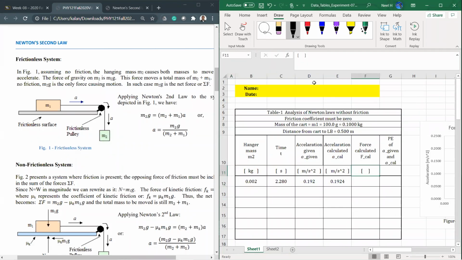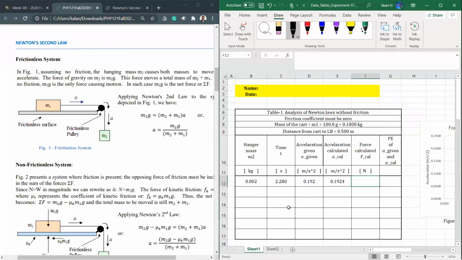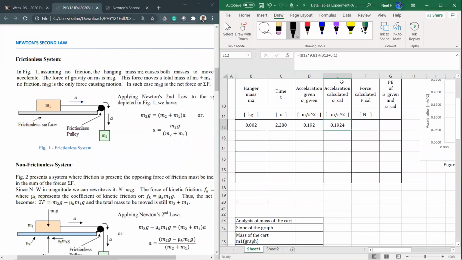Now you know the equation. All we have to do is use that to calculate the force. So I can use m1 times m2 times g divided by m1 plus m2, equals, let me copy paste this function. You can collect all of these functions and then call them as needed in your discussion section. This is the acceleration cal function, and then we're going to do here the tension cal or the force cal: equal sign, parentheses, m1 is 0.1 kilogram multiplied by m2 is changing.